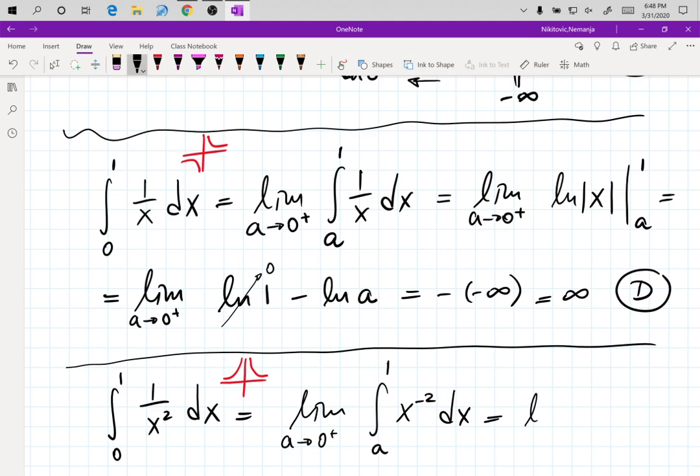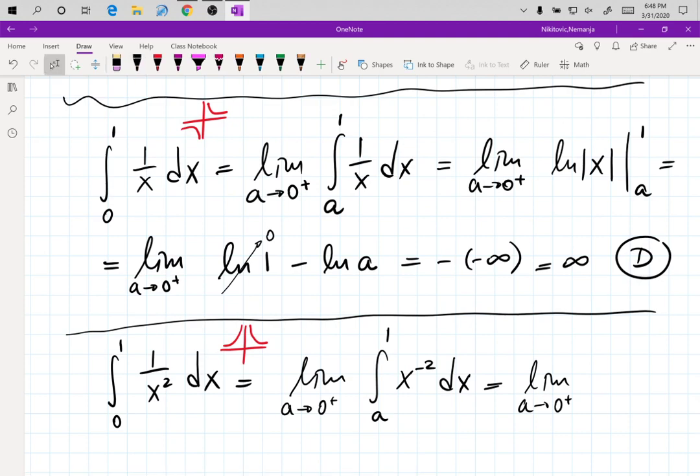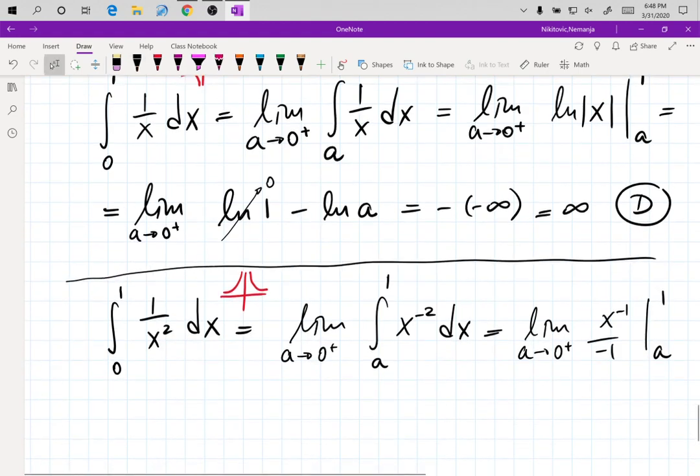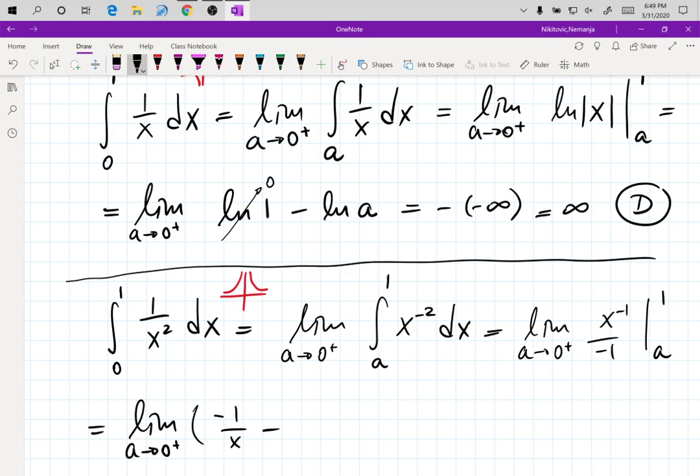This is going to be limit a goes to 0 plus of x to the negative 1 over negative 1 from a to 1. Wait, hold on. Limit a goes to 0 plus. Now this is negative 1 over x, and minus will make a plus 1 over a.